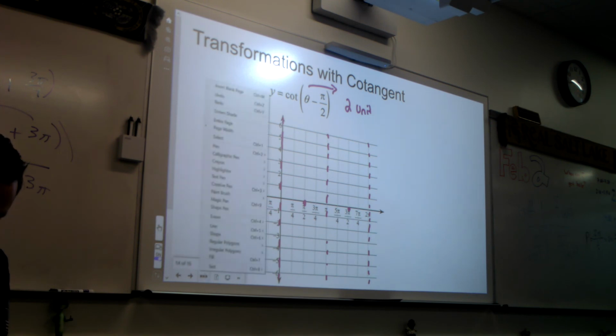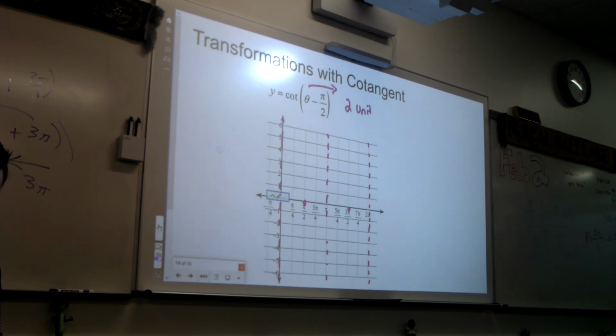Now, what did we say to do? We're going to move everything to the right 2. That will move the point, but what else does this move? The asymptotes also move. So wherever the asymptote was before, I'm going to put a point, and wherever the point was before, we're going to put an asymptote.